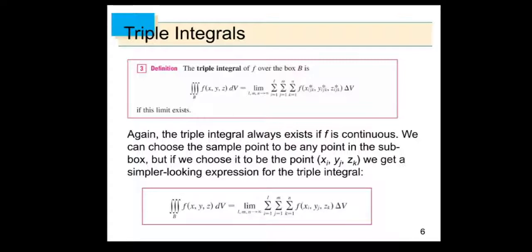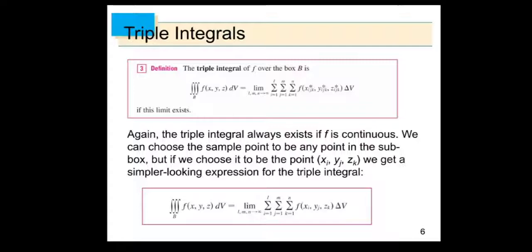And then we will have our f of x, y, and z times the delta volume, right? And if this limit exists, again, the triple integral always exists if the function is continuous.